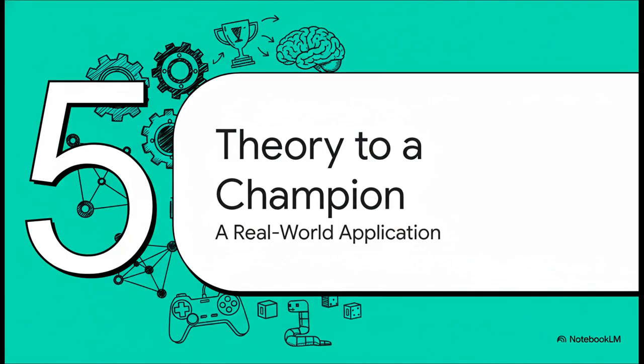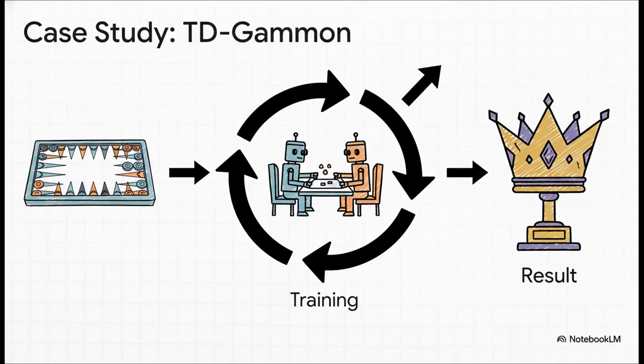It learns from its own experience, good and bad. Okay, that's the theory. But does this stuff actually work in the real world? Oh yeah, big time. Let's check out one of the most famous and honestly groundbreaking examples of these ideas in action. Meet TD Gammon. This thing is a legend in the world of AI. It used that exact same TD learning idea we just talked about and paired it with a neural network to estimate the value function.